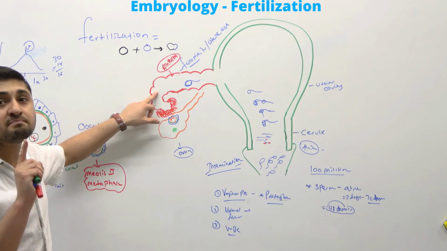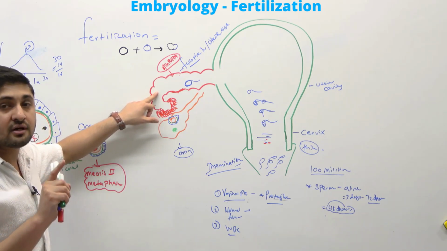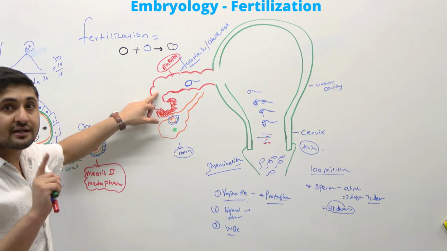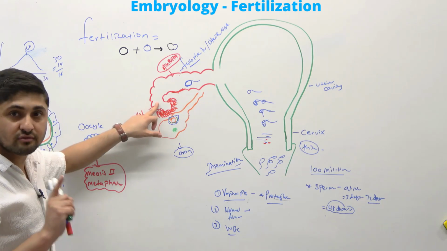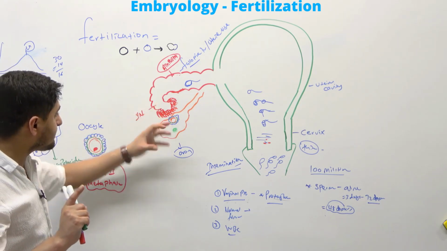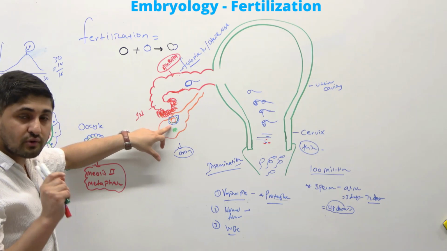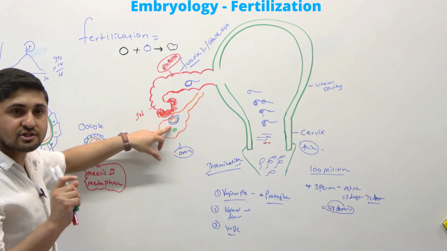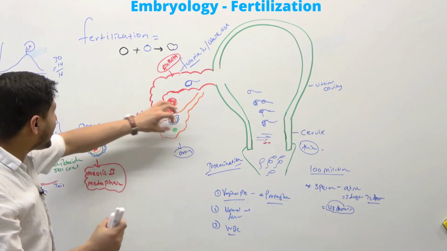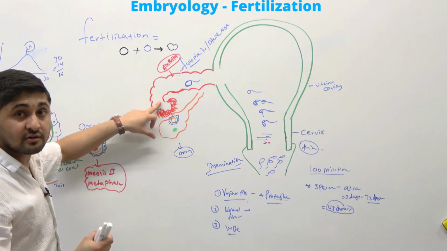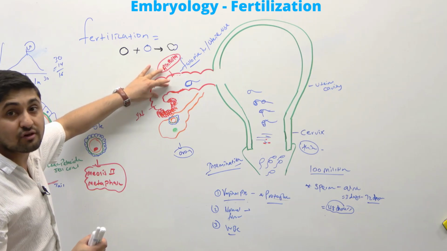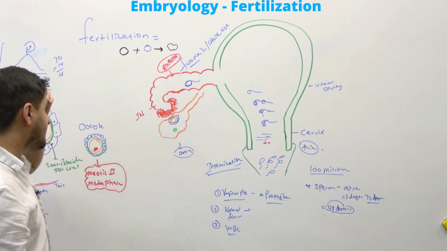It hasn't completed the secondary meiotic division; it will complete it later. But one thing you have to remember is that during ovulation, the secondary oocyte gets released and is taken by the fimbriae of the uterine tube into the fallopian tube.